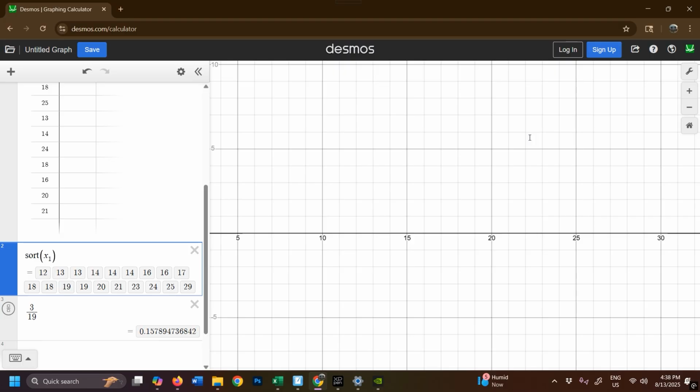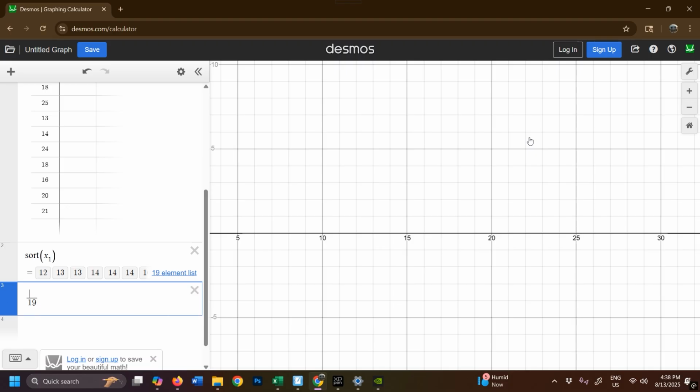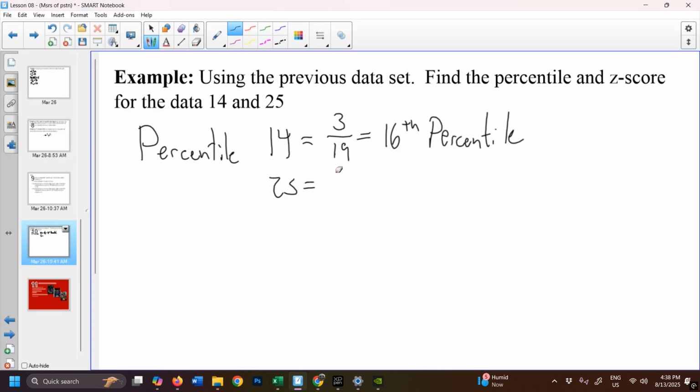So I'm just going to highlight here and change that from 3 to 17. Now in this case, it would be 89.474%. And since the 4 is below 5, we would round down and say that the percentile, and I'm just going to rewrite it here, would be 17 out of 19, which would give us the 89th percentile.